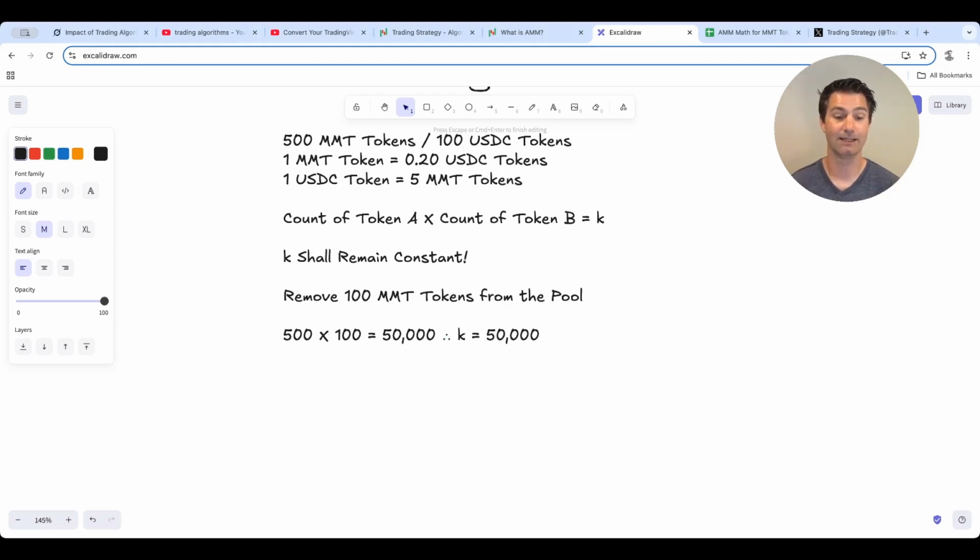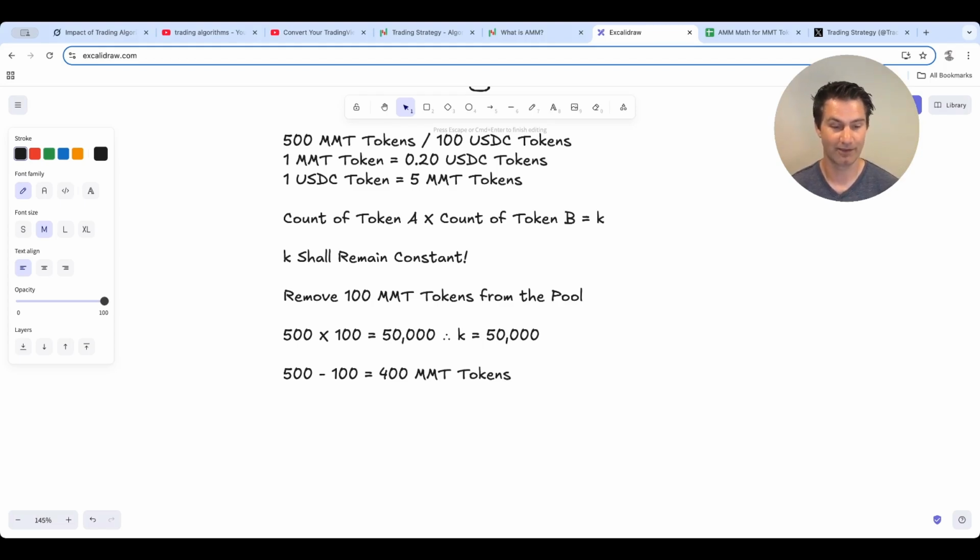So now let's see what happens if we remove that 100 tokens from the left side. So now we have 500 minus 100 equals 400 MMT tokens. We need to make sure that this equation is kept constant, that K is kept constant.